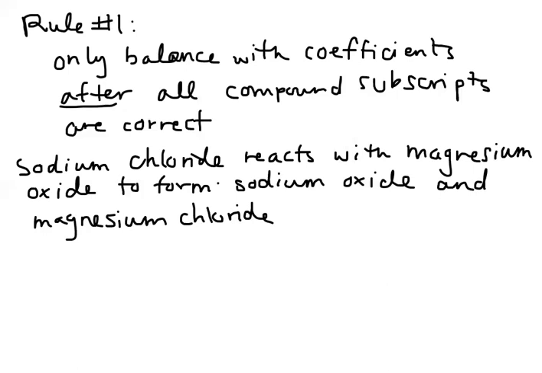And there are some key words that you need to know. First of all, reacts with. Okay? That means you are adding sodium chloride and magnesium oxide. And so what's the formula for sodium chloride?